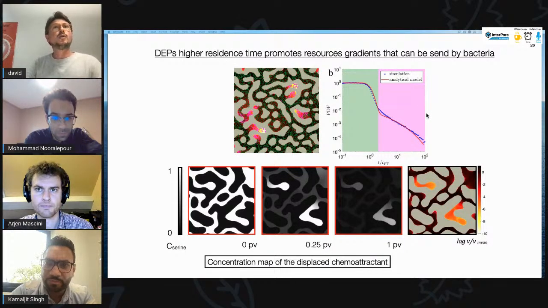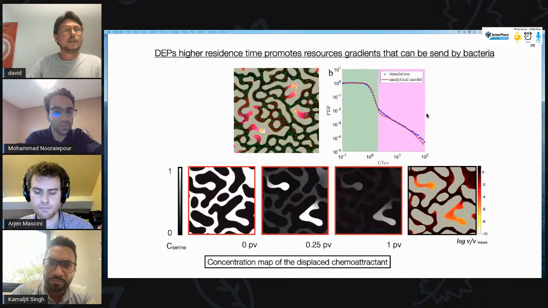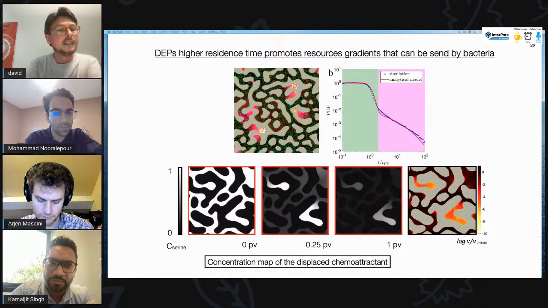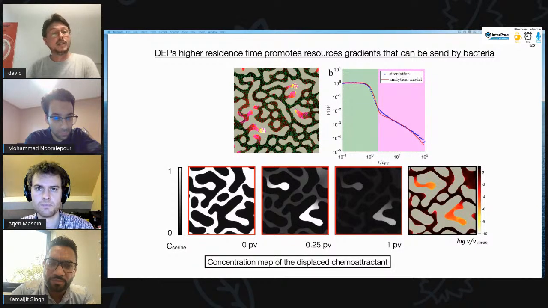And with simulation and with an analytical model, we have been able to show that actually these secondary vortices are the ones responsible for this late arrival time, because if it were diffusion only, it would be a faster process.